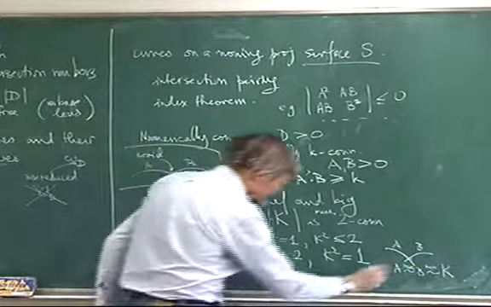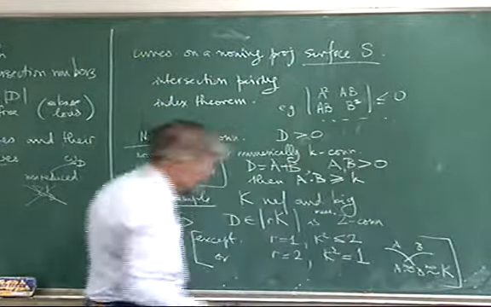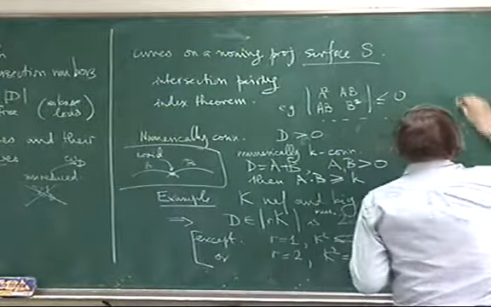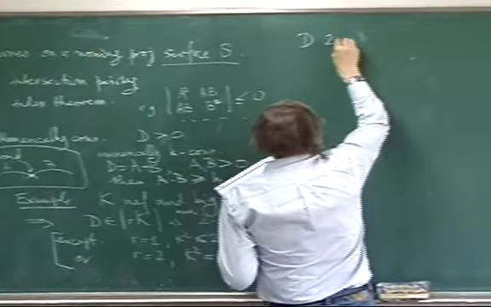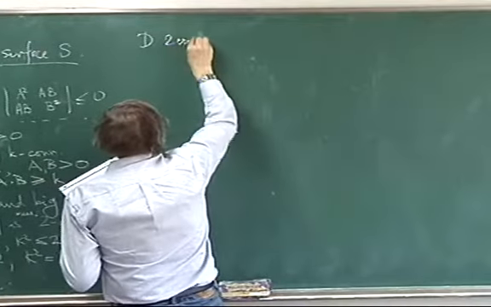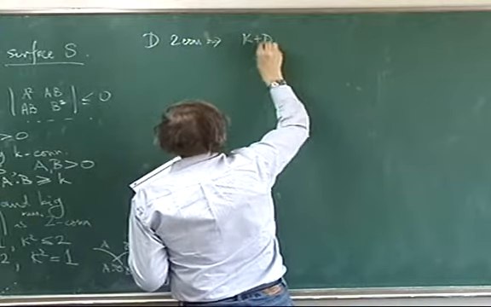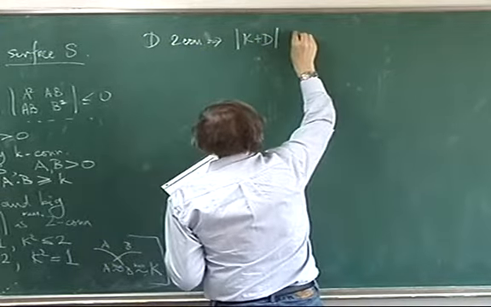But in any case, these are very, very small examples. So D 2-connected implies that K plus D is free.